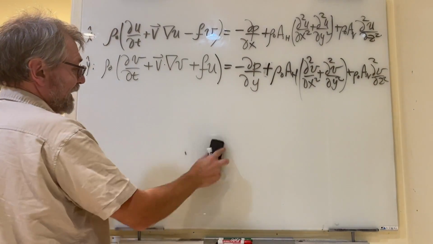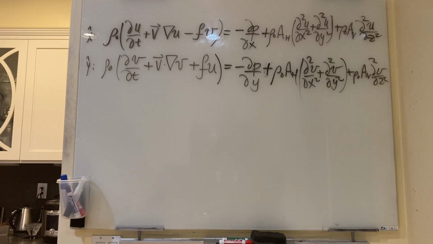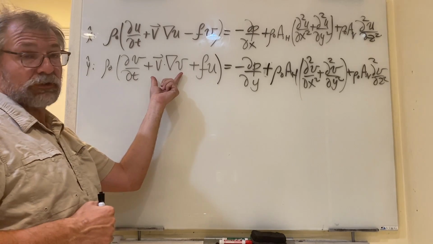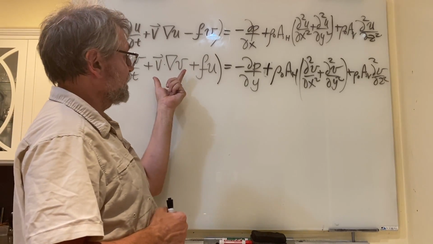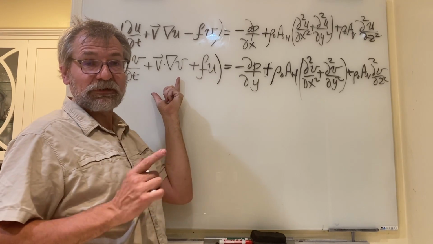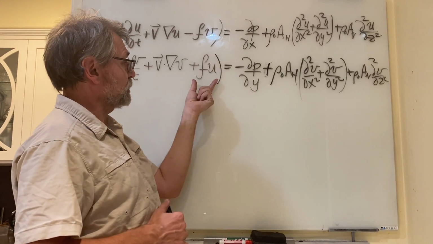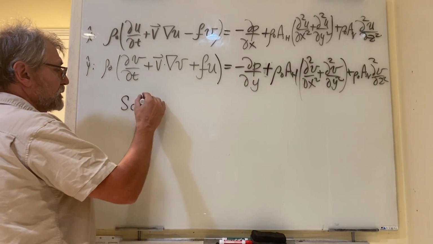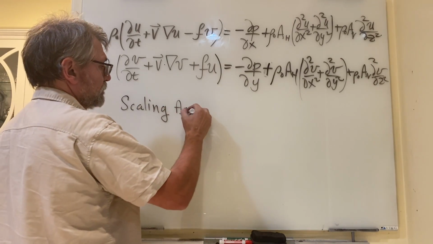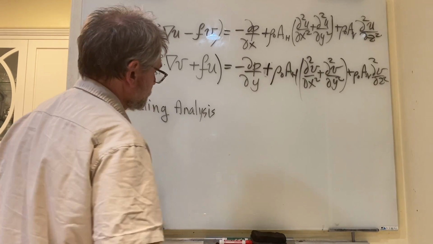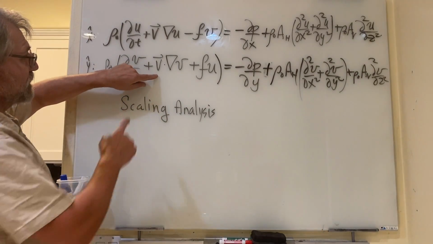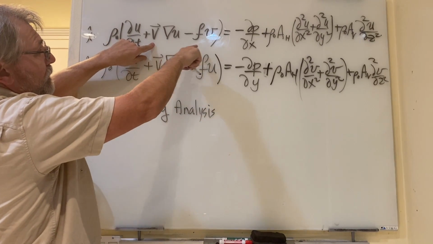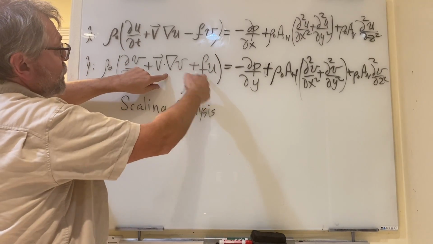All right, so now we want to look at the scalings of different terms. So let's look at this nonlinear term. This one is a mean, nasty nonlinear term, which is hard to deal with. Fortunately, it turns out to be small compared to the Coriolis force, so I want to show you that that's indeed the case. So what we're going to do is called a scaling analysis. We put in the typical sizes for the velocity vector, the u component, f and u, and we compare the ratio of these two terms.